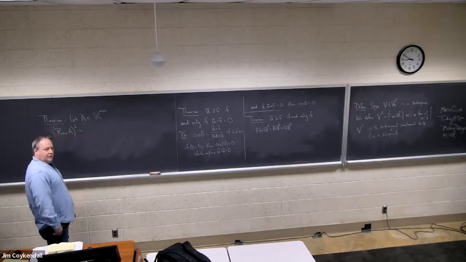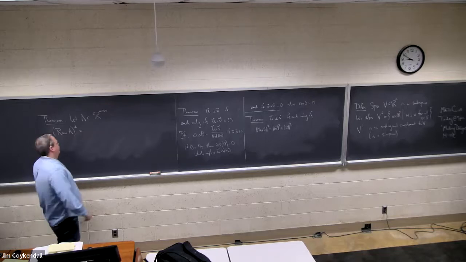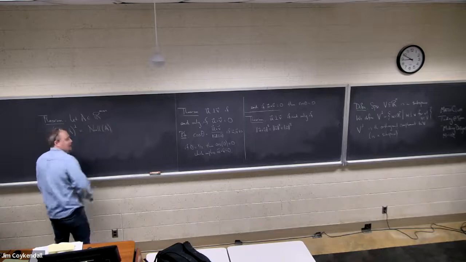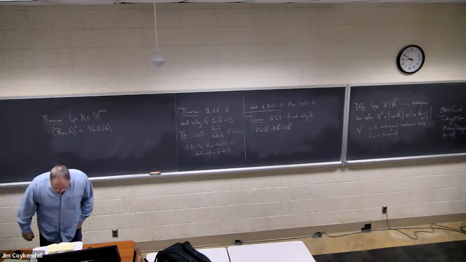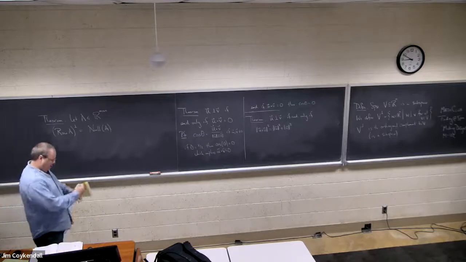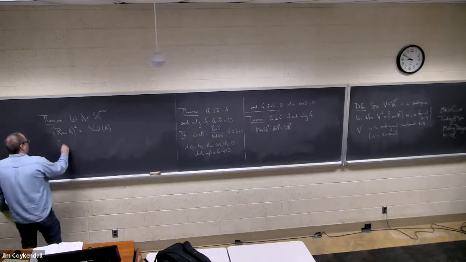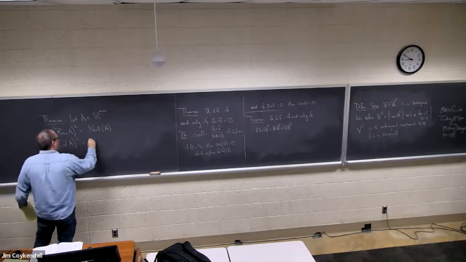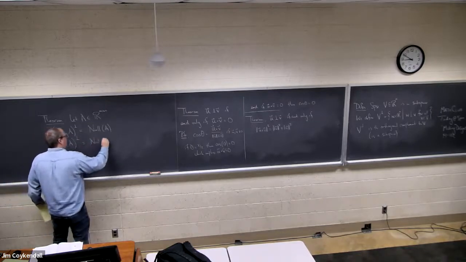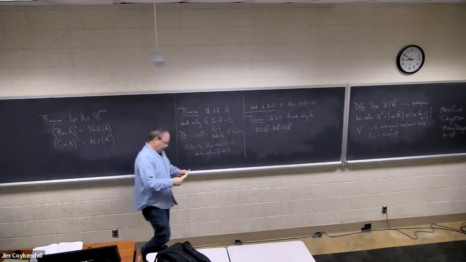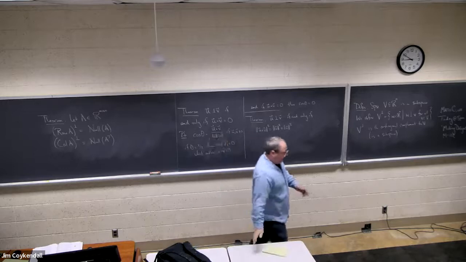It's everything that kills all the rows. Yeah. And the orthogonal complement of the column space is the null space of the transpose. Once you know this, we know the relationship on the rows.